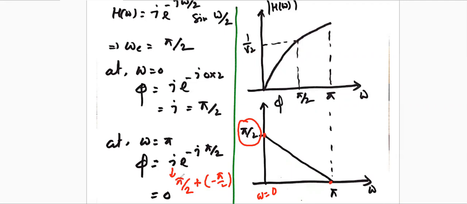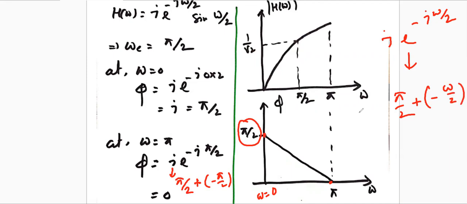So all the way, this j e to the power minus j omega by 2 is actually represented like this: pi by 2, j represents pi by 2, plus, in this case, minus omega by 2. That is the phase quantity. So the phase with respect to omega is equal to this.